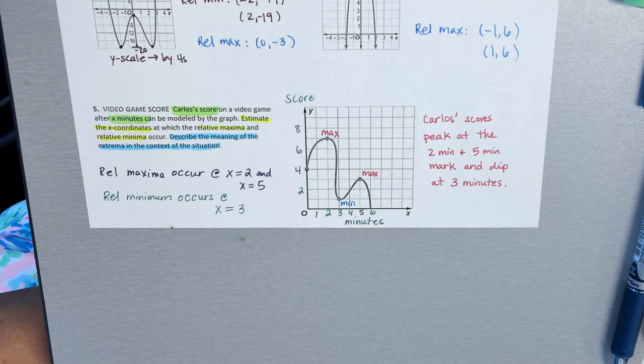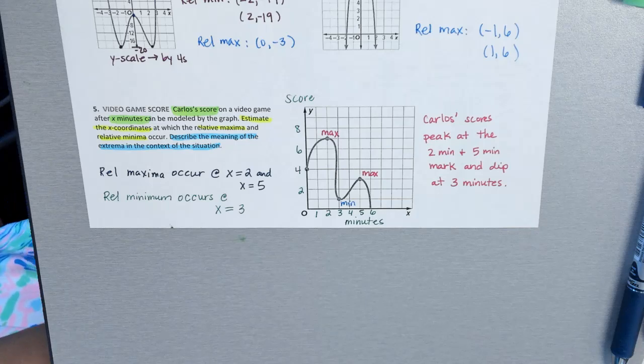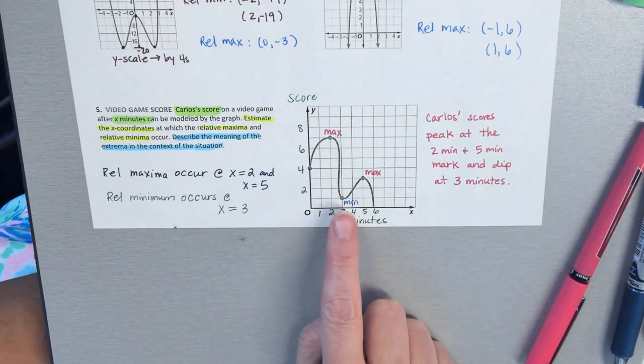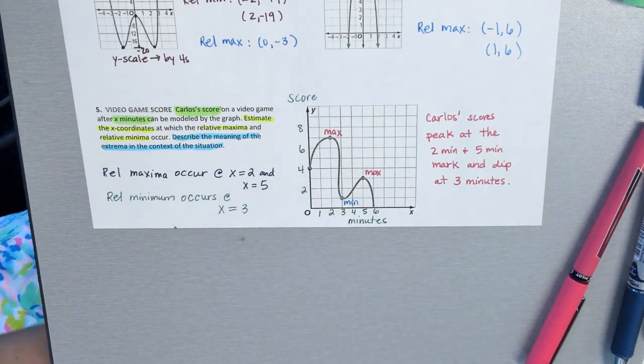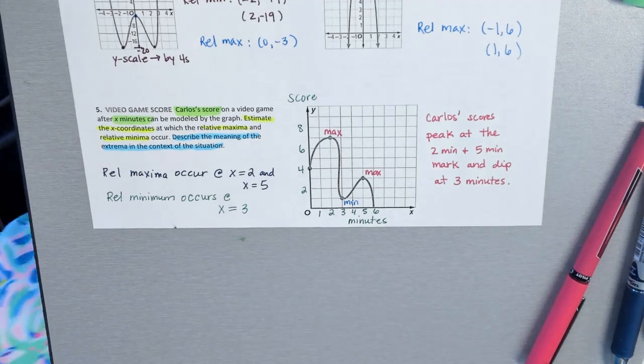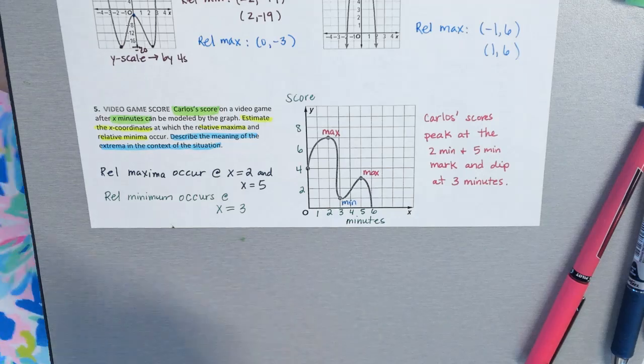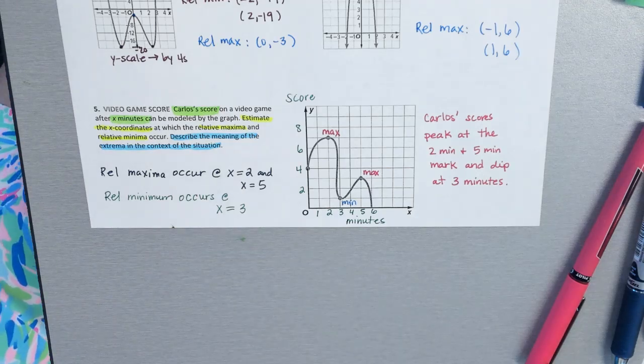You can say Carlos's scores reach a high point at 2 minutes and 5 minutes. Maybe his little sister was getting on his nerves during this point. He wasn't trying so hard. All right, any questions for me on that one?